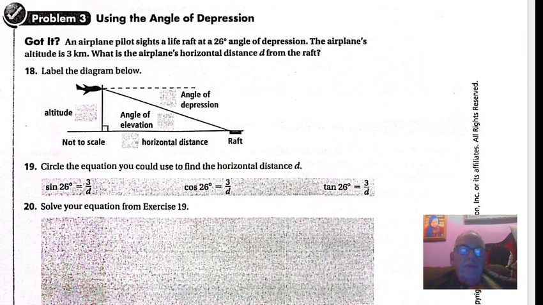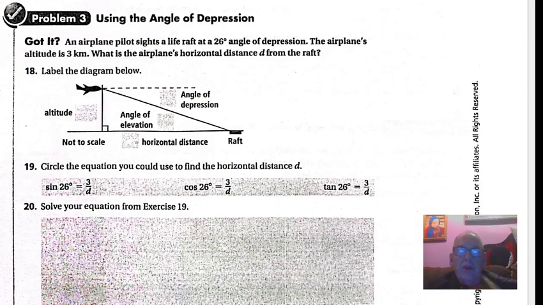So here we have a situation where somebody in the plane is looking down at the raft at an angle of depression. And similarly, the person on the raft could be looking up at the plane at that same angle, but to them, this would be an angle of elevation. And this ground level here would be their eye level.